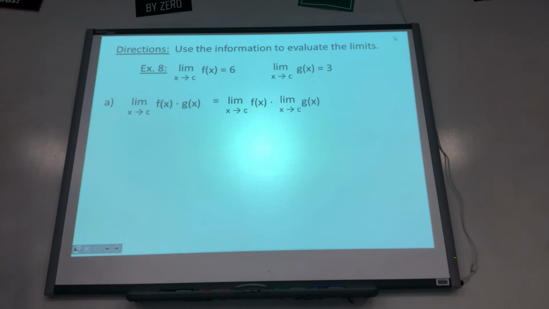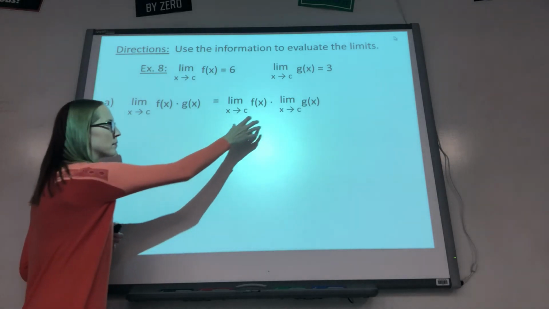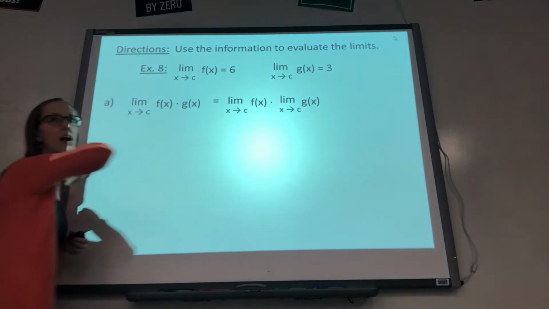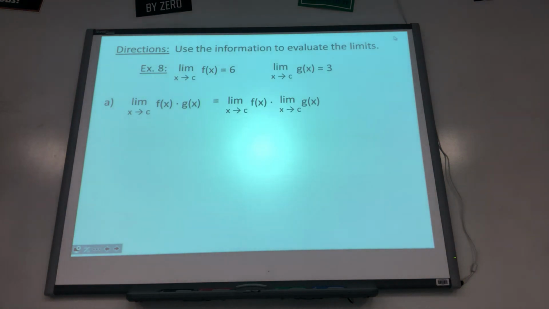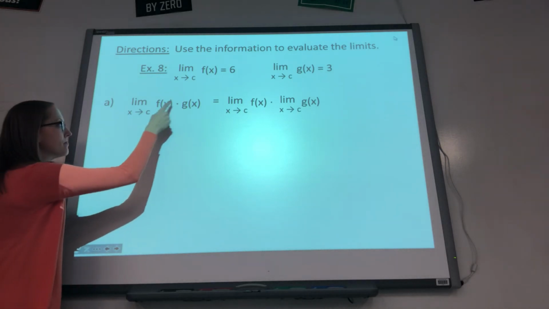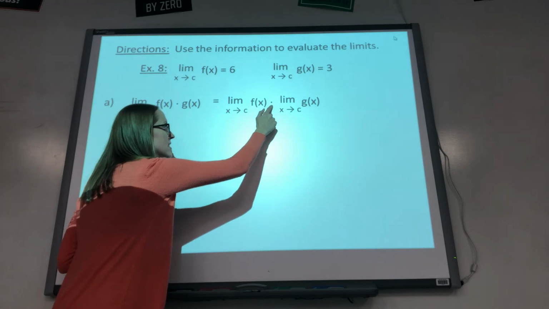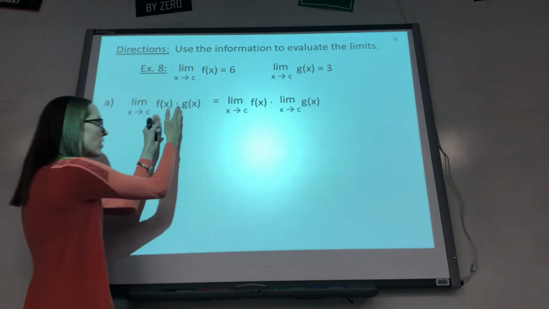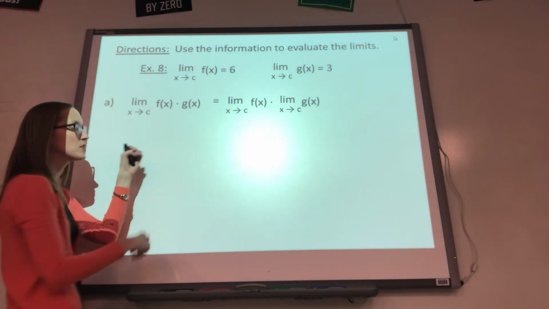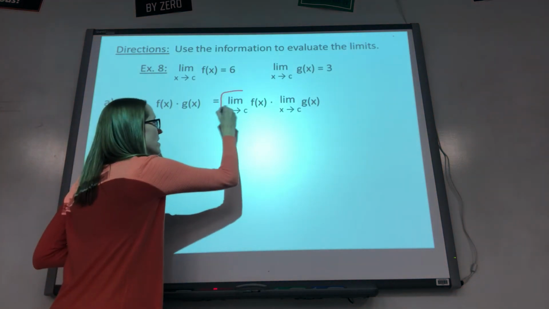Now, as you do more of these problems, you're probably not going to have to write this step out every time, but since we're just learning about these properties, I'm going to, because I want to show you how they work. The limit of a product equals the product of the limits. You can do the limits separately and then multiply. So look right here.